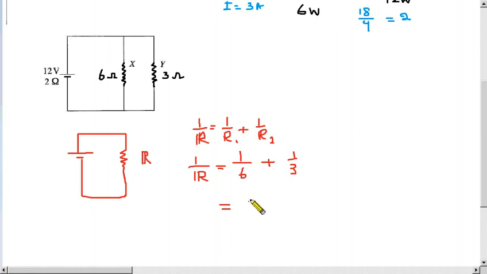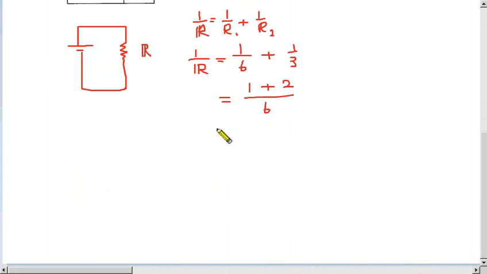The common denominator is 6, so 1 over 6 plus 2 over 6. So 1 over R is equal to 3 divided by 6. But what we want is R, so we have to invert, or cross multiplication also will work. So 6 divided by 3, R equals 2.